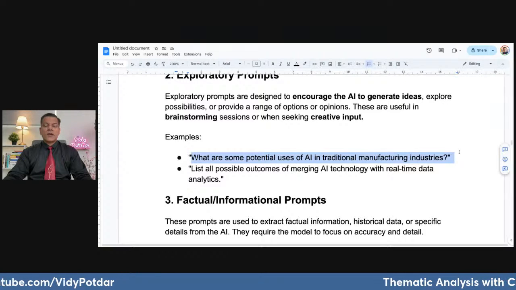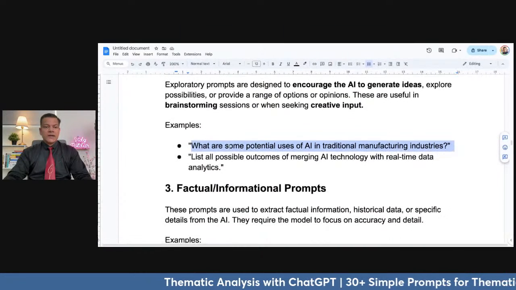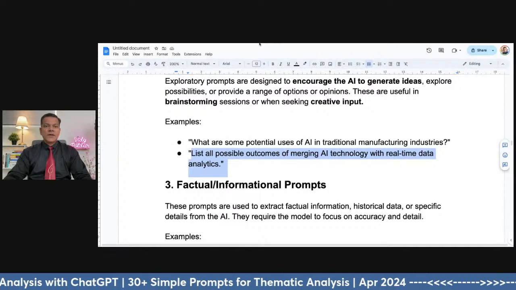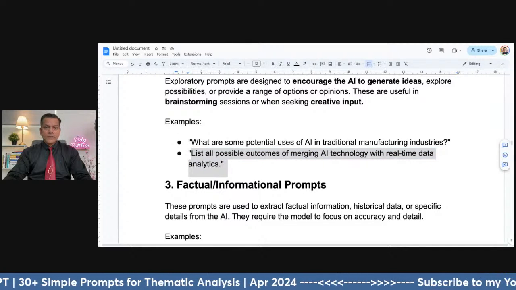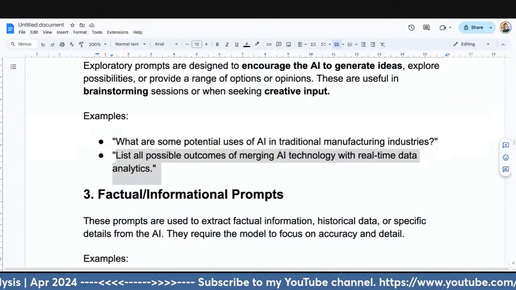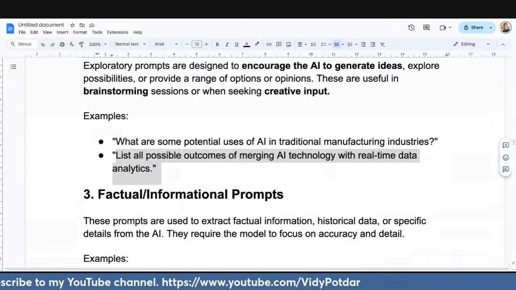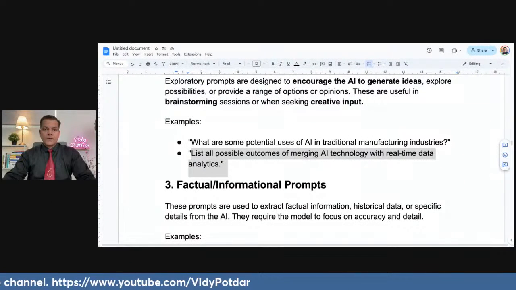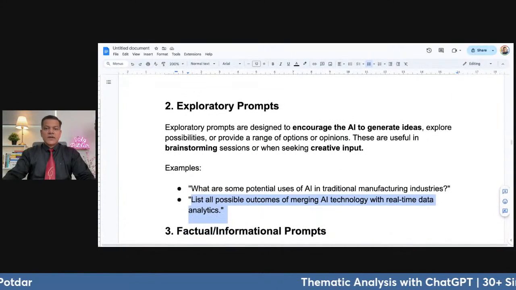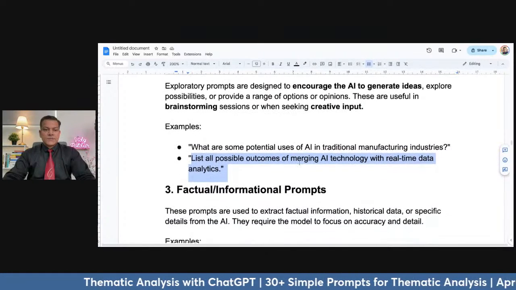That is one prompt you can use as an exploratory prompt. Another could be: list all possible outcomes of merging AI technology with real-time data analytics. So we are using AI to generate ideas, brainstorm, or provide creative inputs.